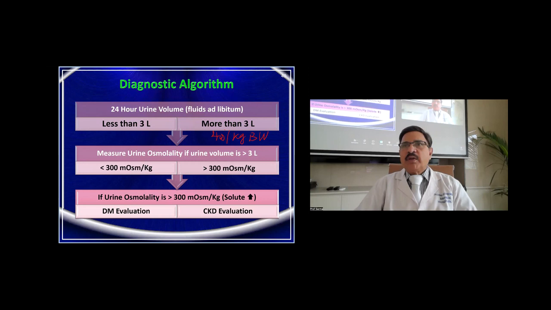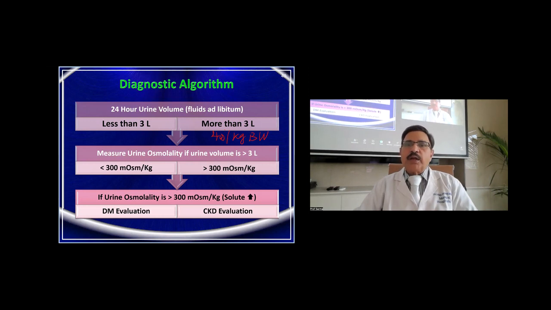Why? ADH is at fault. The ADH may not be secreted from the pituitary, or kidney is not responding to ADH. One of them. Or ADH is suppressed because of excessive water drink, PPD, one of these. So it immediately brings me urine osmolality less than 300. I am dealing most likely with any one of the types of polyuria.